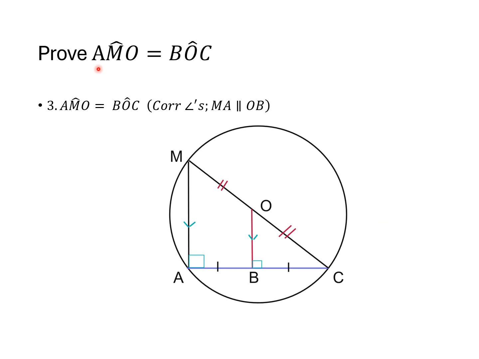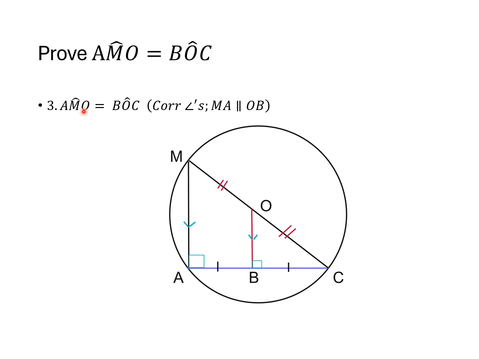Prove that AMO, this angle here, is equal to BOC, from B to O to C. There we've already proven that these two lines are parallel and we had corresponding angles. So you can see this angle they've asked for, and that angle there are corresponding.